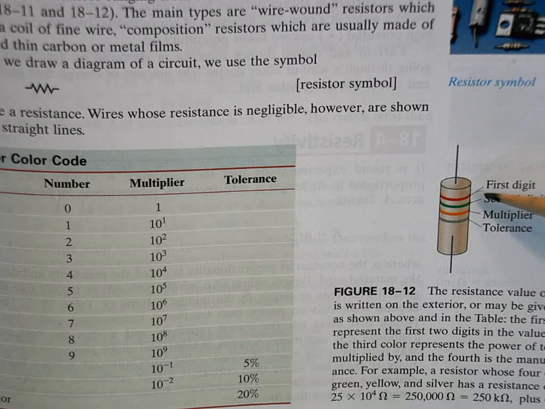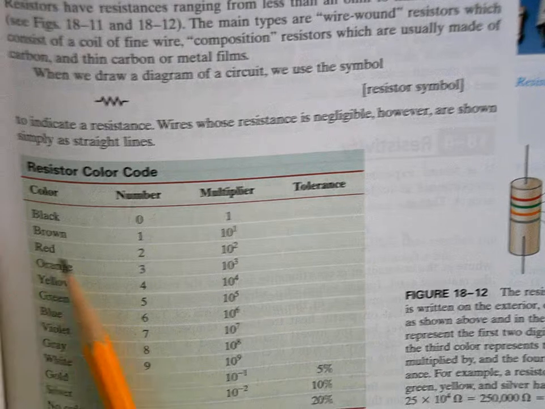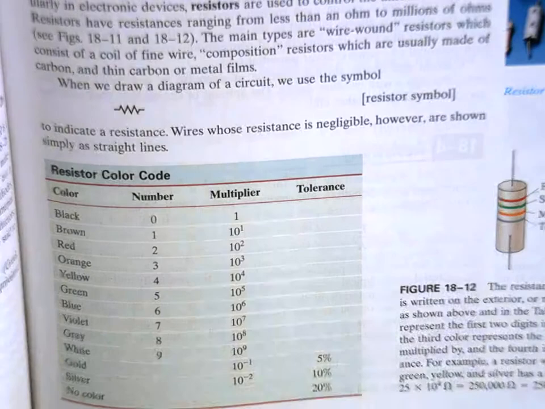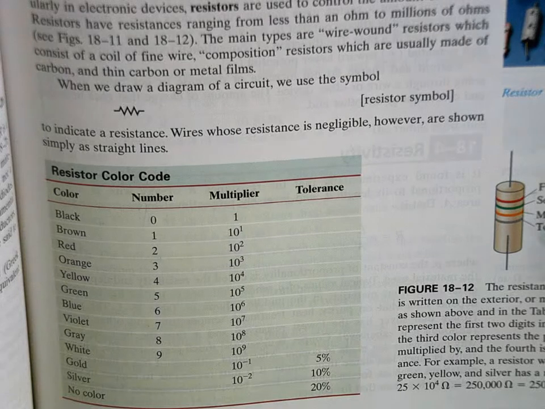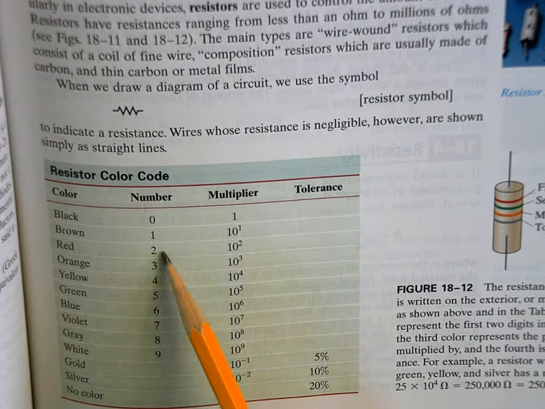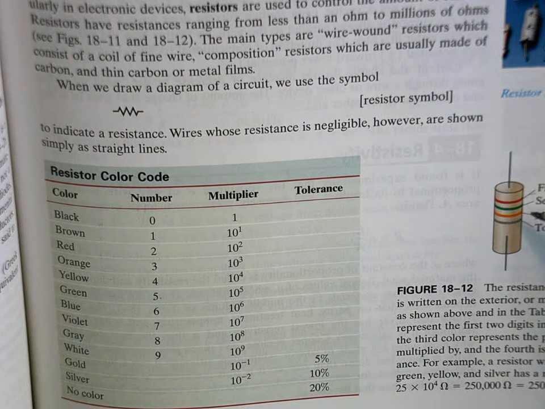Right there is red. And so you would come over here and you say, okay, red, let me zoom out a little bit. Red is 2. Now the second one is green. So what's green? 5. So 2 and 5. So that's 25. Now what's the multiplier? That looks orange to me.